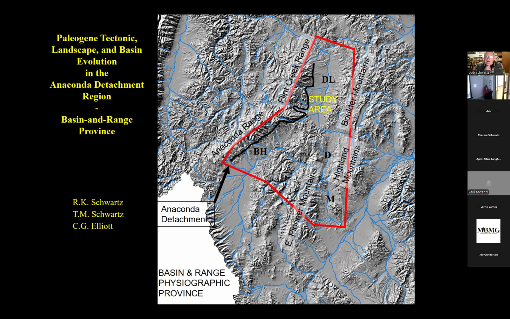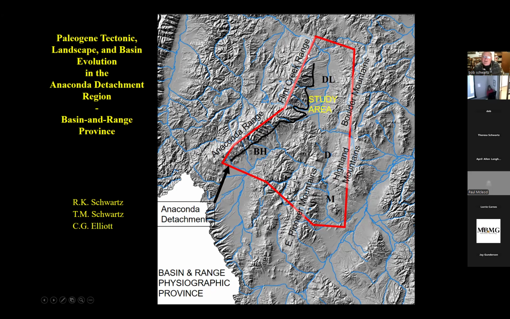So to start out, to show the study area here in red, it lies within the Basin and Range physiographic province. I think I should just identify some of the intermontane basins and the mountain ranges for those who might not be well informed about them.